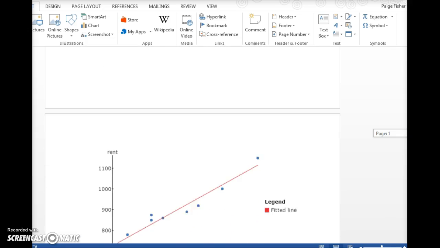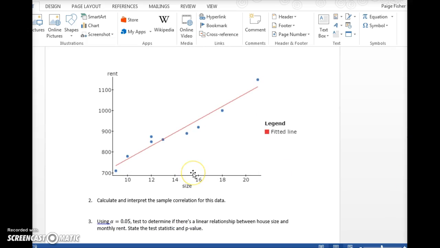And if we look at the plot, we can see that there appears to be an increasing trend, and linear because the data points are very close to the line. They're not too far off.